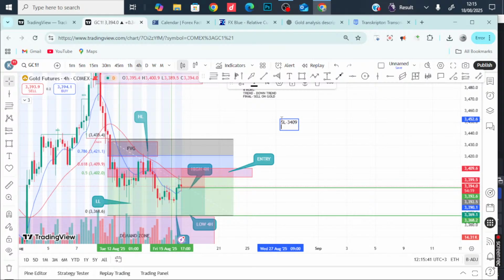Then the entry is at 3394. TP is at 3369.